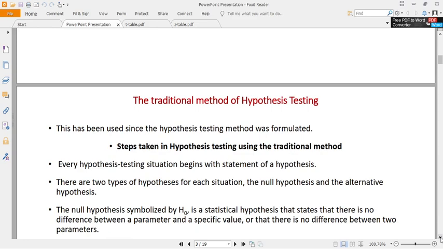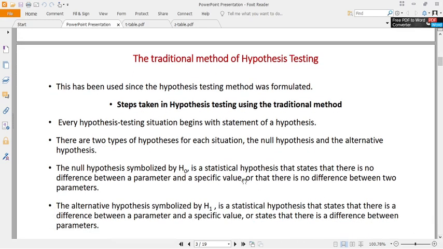When using this method, these are the following steps. We start by stating the hypothesis. And like I mentioned, there are always two. We have the null hypothesis, always abbreviated as H naught, and then the alternative hypothesis, abbreviated as H1 or HA.